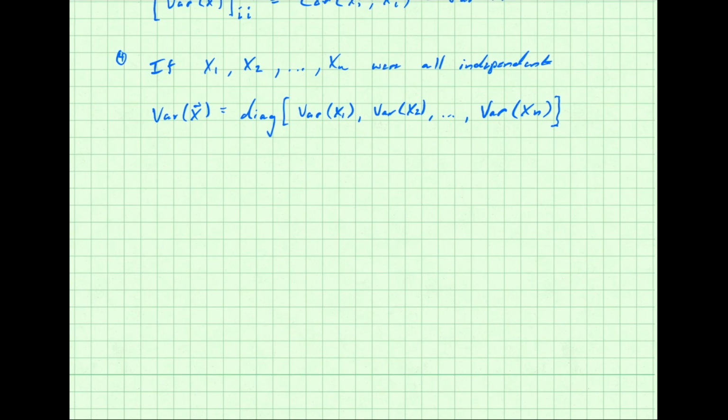The claim is that you can express this variance-covariance matrix in a simpler way. It's equal to the expectation value of two vectors multiplied by each other, or a vector multiplied by its own transpose.